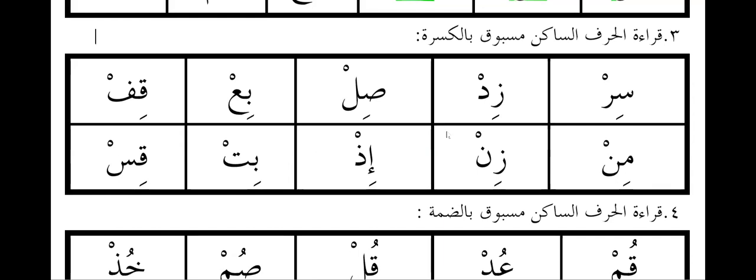So now we'll move on and we'll read the sukoon letter preceded by a kasra. So we're going to read the sukoon which has a kasra before it. So we're going to start. Sir, with the sin and ra.